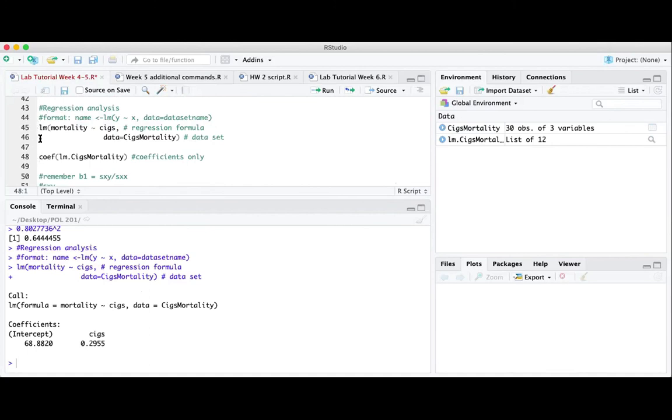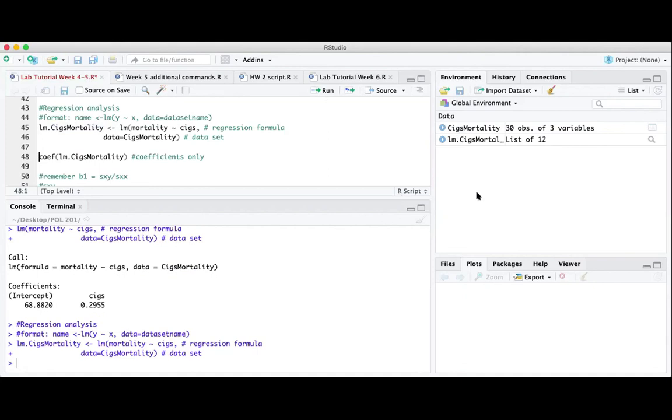So for instance, I didn't create a list. I just said LM. If you don't create the list, it'll just give you the B naught and B1 value. But by creating the list here, a lot more information gets stored in this list that I'm calling LM SIGS mortality.